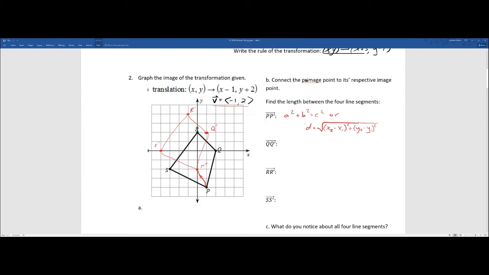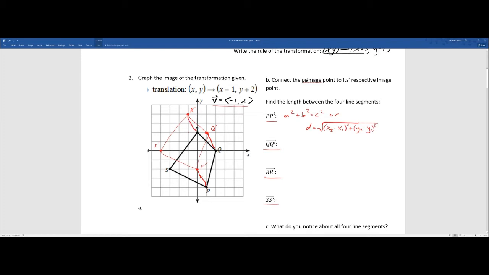Use either one, practice your distance formula, and you're going to use that for both this part and this part. Now I'll give you a hint. What do you know about the distance for all these points?